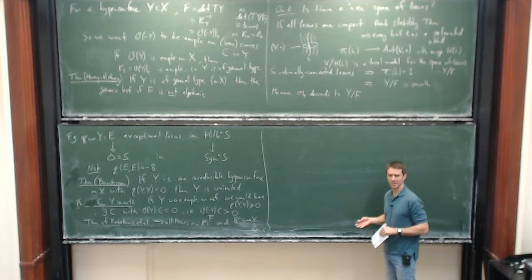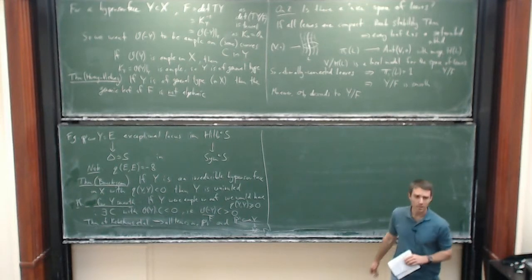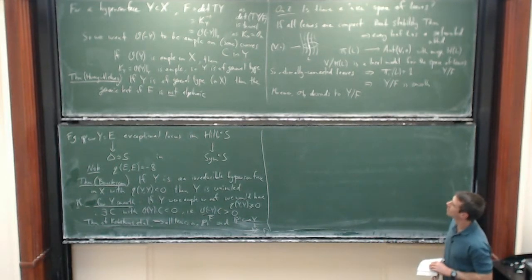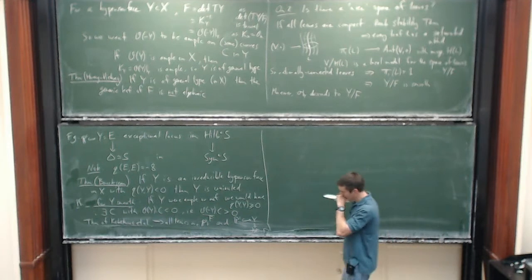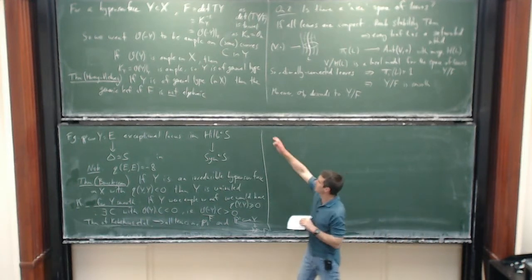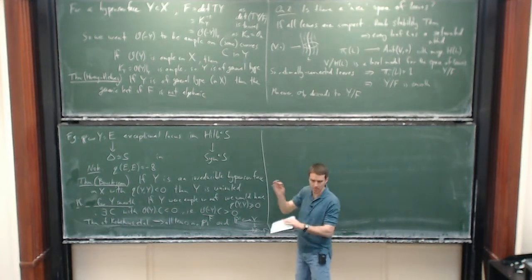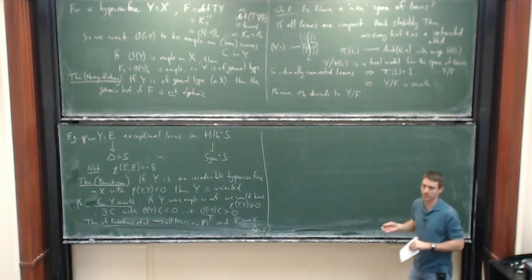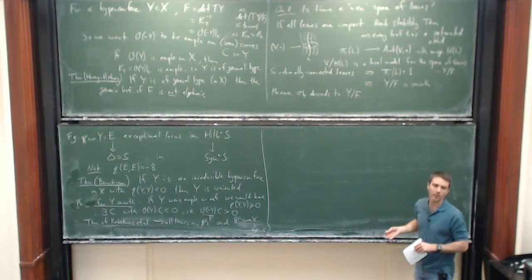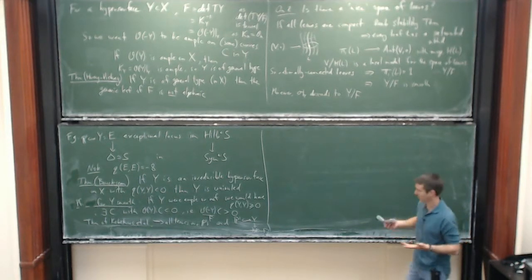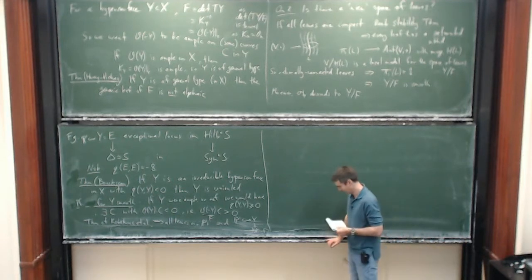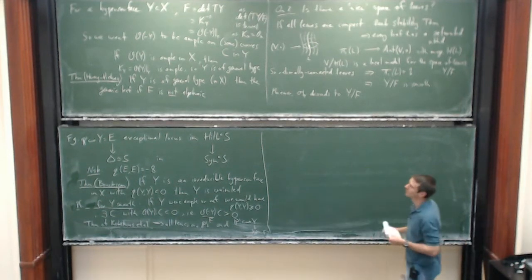If Y is ample, I don't know if it could still be uniruled, but this is saying that the leaves are not going to be algebraic. So if there is a ruling, it's not going to be in the direction of the foliation. Oh, can it be uniruled? Okay, yeah.